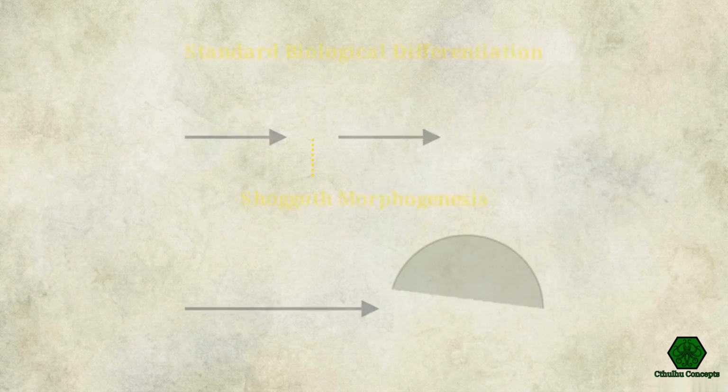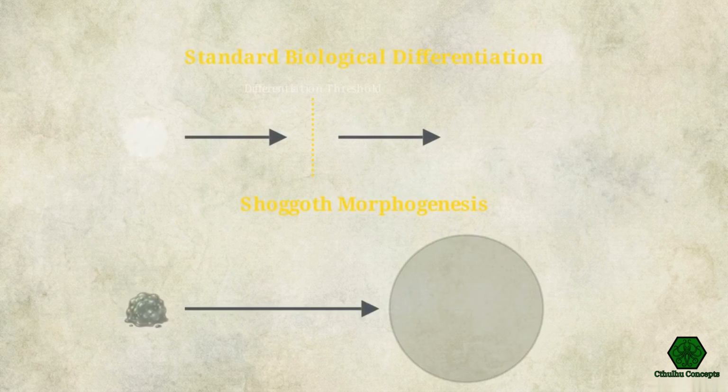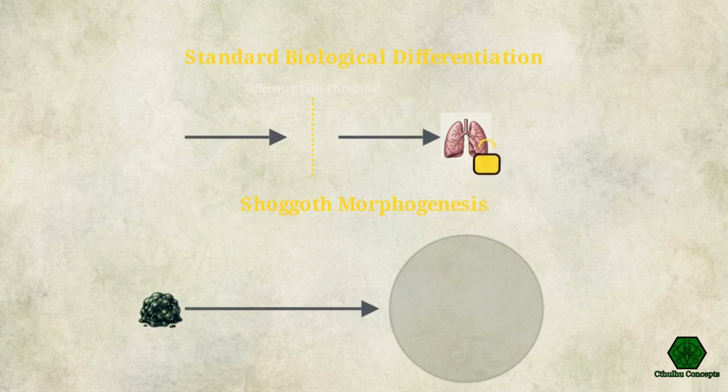This diagram shows the difference between standard cellular differentiation and the Shoggoth's morphogenesis. In normal biology, cells permanently commit to becoming a specific, unchangeable tissue, like a lung. The Shoggoth operates differently. Its cells undergo instantaneous, reversible morphogenesis, constantly shifting back and forth without locking into a permanent state.